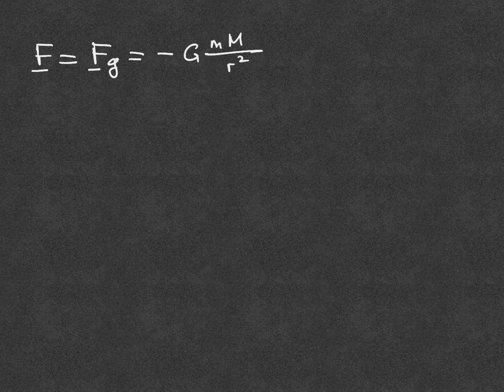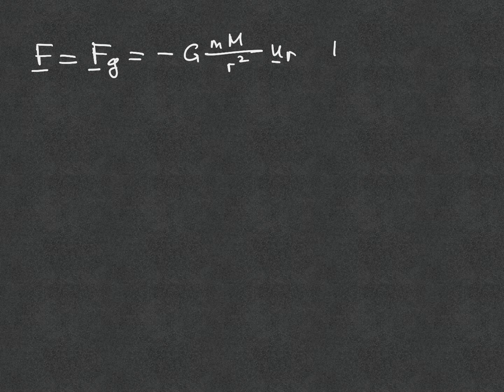So the only force acting on the particle is the force of gravitation, and that's equal to minus G little m big M all divided by r squared times u_r. Now, in order to make this a little bit easier from a perspective of parameters, I'm going to change the notation a little bit.